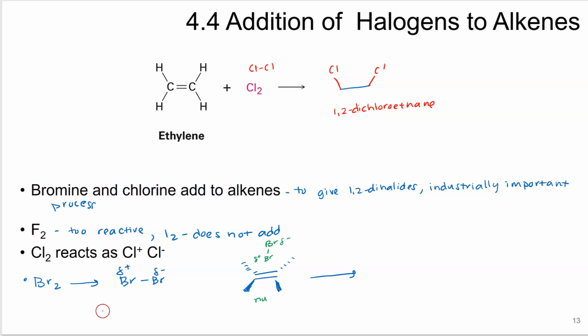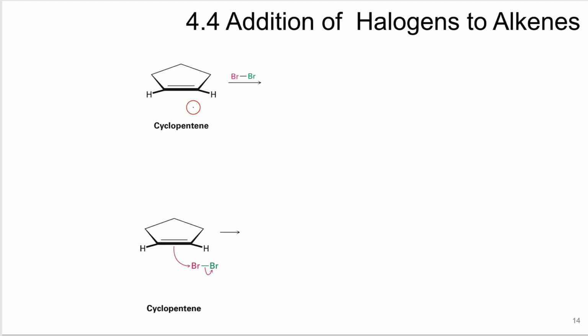This is nucleophilic. So this electron pair can come up here, and that kicks these up to there. And then those electrons are also coming down at the same time. So this Br is positively charged. This is called a bromonium, plus Br minus.